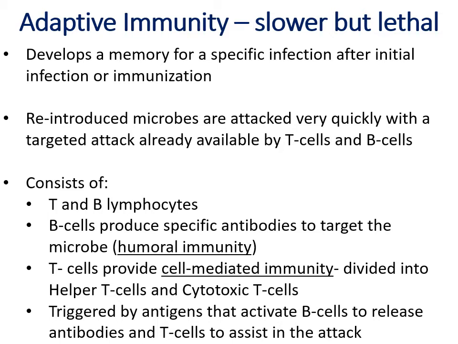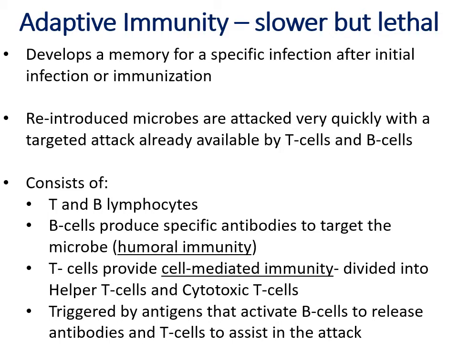Another example would be, say, we give a pneumococcal vaccine to a patient. The pneumococcal vaccine is to try and protect against pneumonias and sepsis in adults and in children, actually.